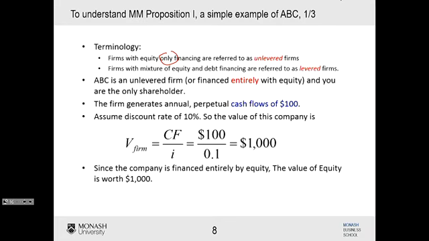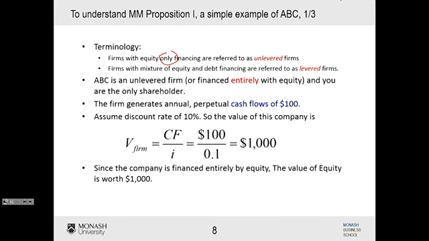Suppose ABC is an unlevered firm financed entirely by equity, and you are the only shareholder. So I give you a very simple scenario, okay? Under this scenario, let's see whether the capital structure could change the firm value.